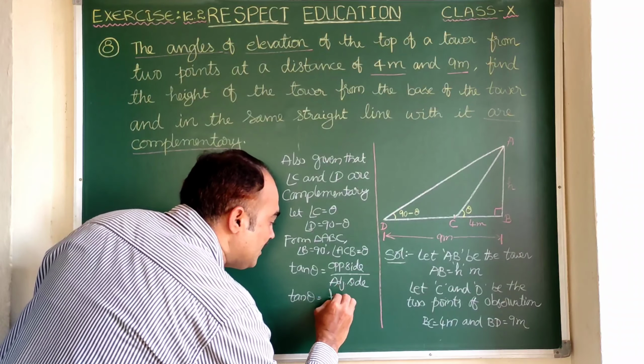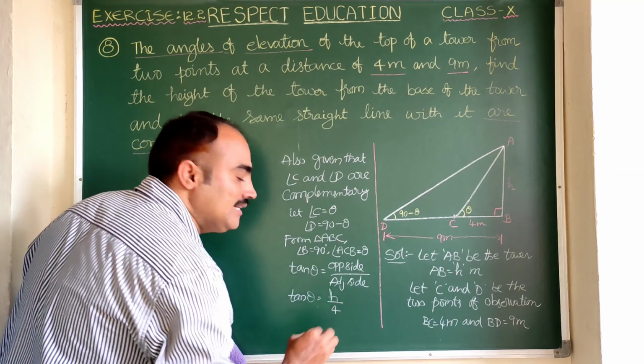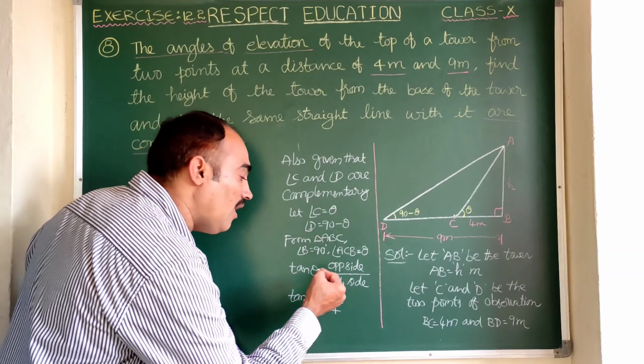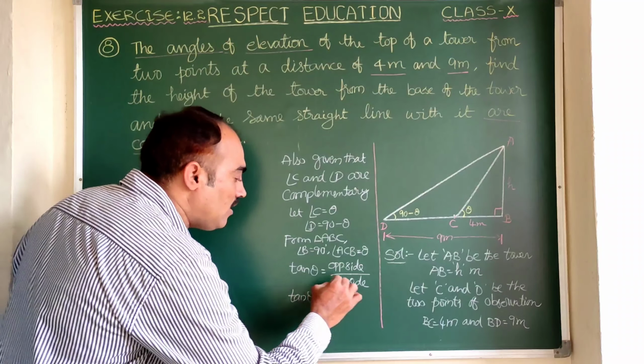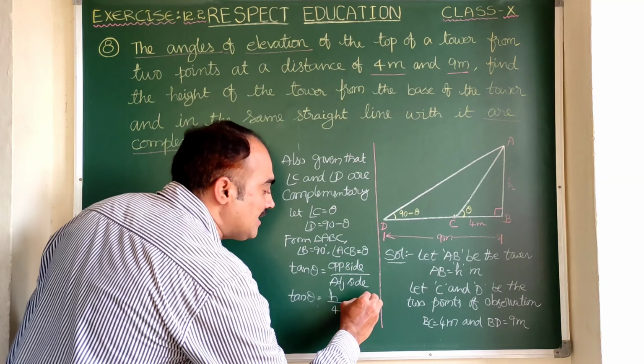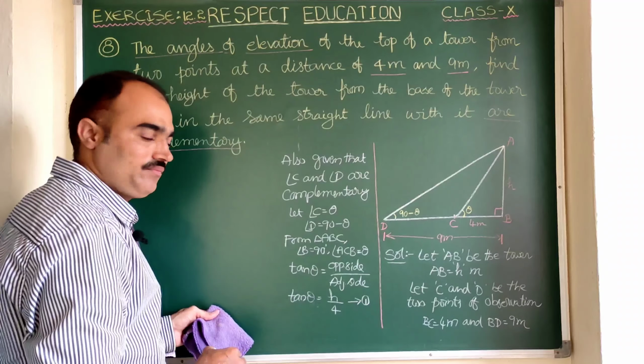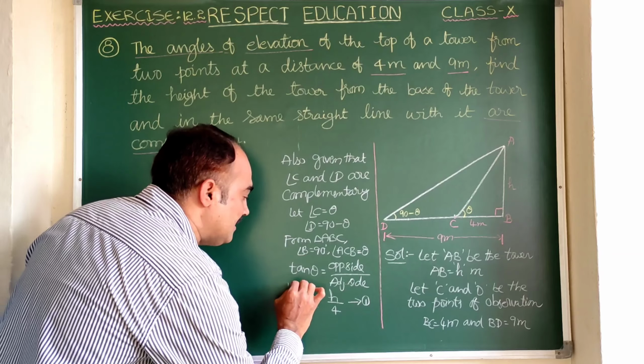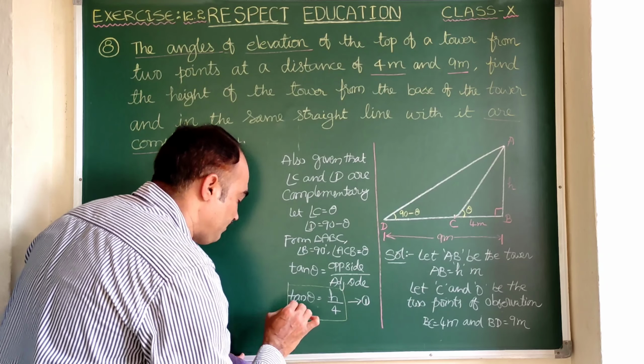So tan theta is equal to h by 4. As we do not know the value of theta or h, we cannot move forward. So let us take this, tan theta is equal to h by 4, as equation number 1.